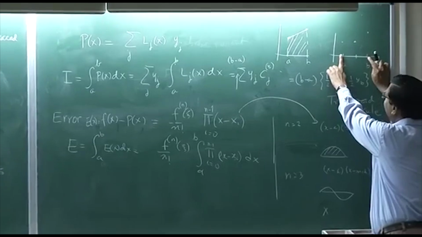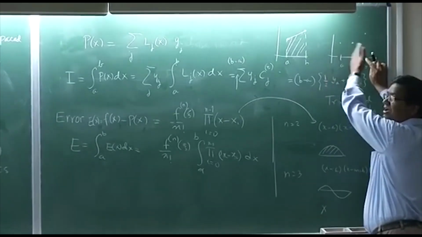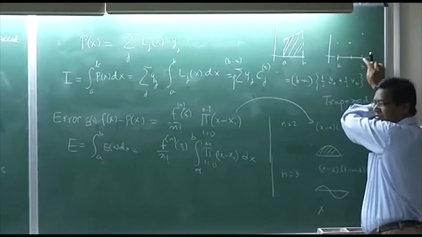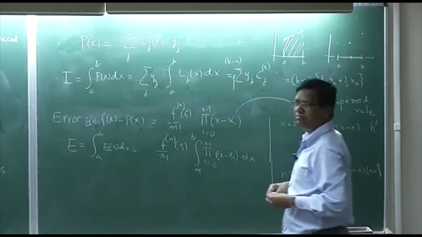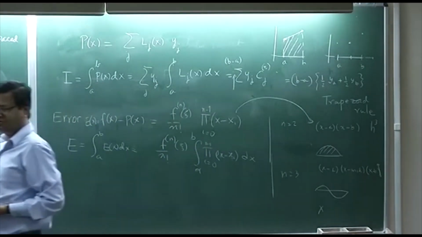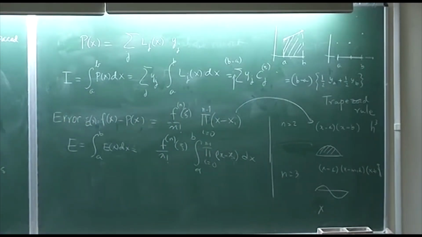So E(x) is integrated from a to b, but my polynomial is a higher order polynomial, and that gives you a non-zero error. I am not going to do the algebra here, but the error is less for n odd.